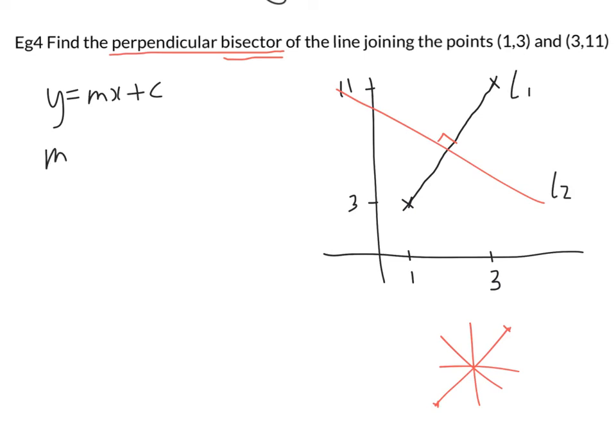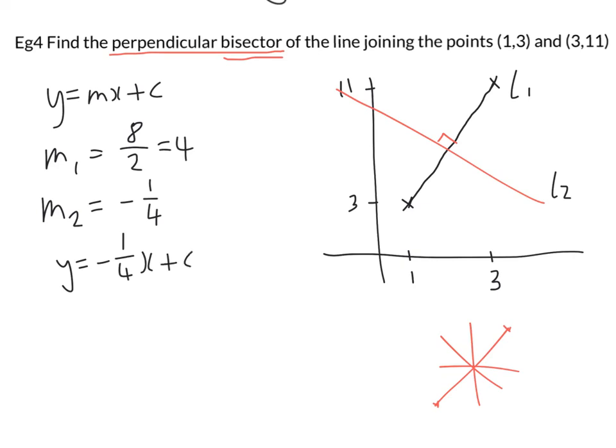The gradient of the first line is going to be the change in the y values, 11 minus 3, which is 8, divided by the change in the x values, 3 minus 1, which is 2. So the gradient of the first line is 4. The gradient of the second line then, remember it's perpendicular, so it's going to be the negative reciprocal. So the equation of this line will be y equals minus a quarter x plus c.